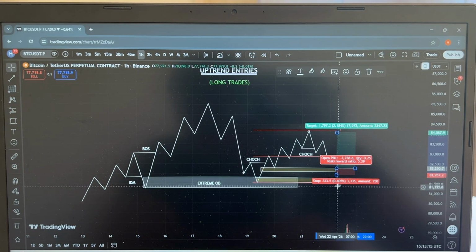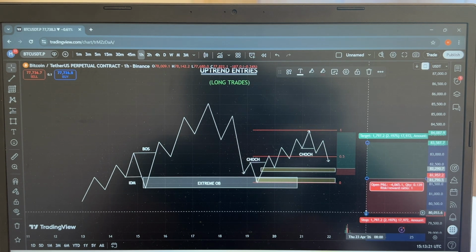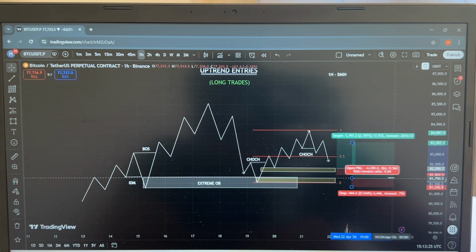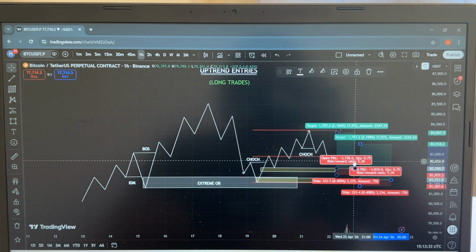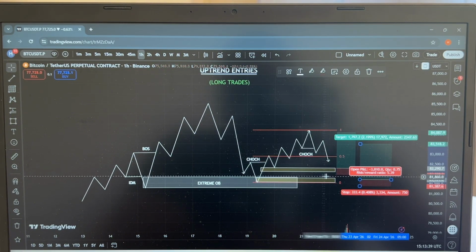One is here and one is here. One is going to be here. Whatever gets hit, it's like people are going to DCA these two entries, so it's going to be an average entry level.